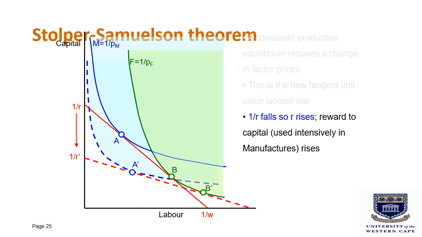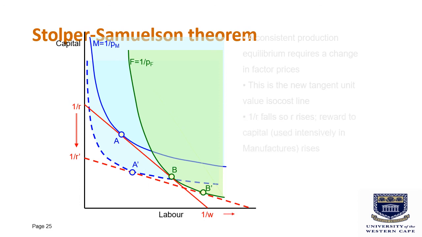At the same time, we also find that 1 over W is increasing, which means that wages are decreasing. So this is what the Stolper-Samuelson theorem is showing. You can show the same depiction for the food industry, where maybe the food price increases and you do the same analysis. But remember, for equilibrium, it needs to be tangent to both the new isoquant line and that of the other industry.